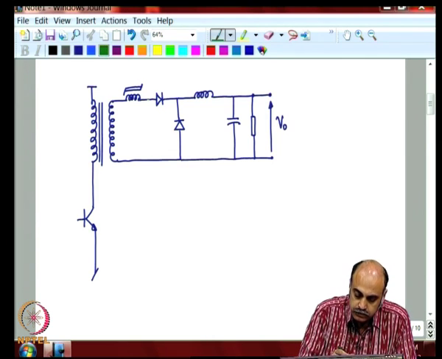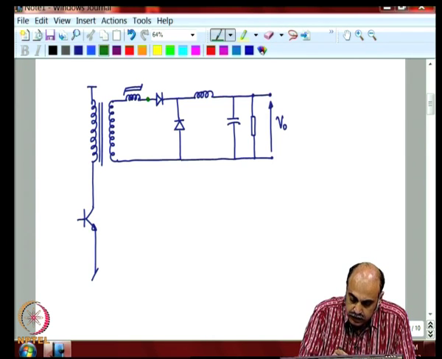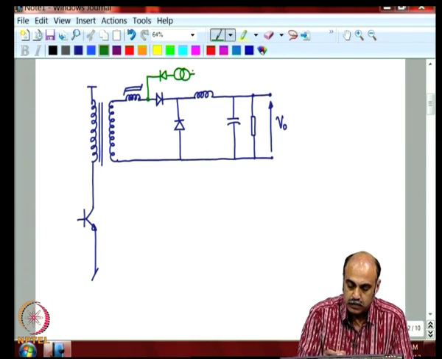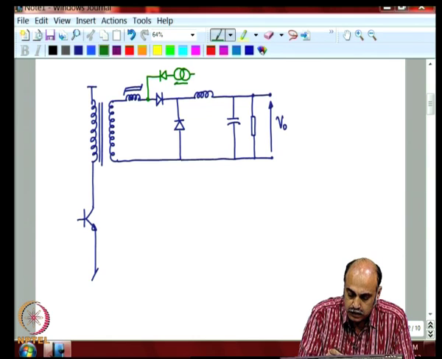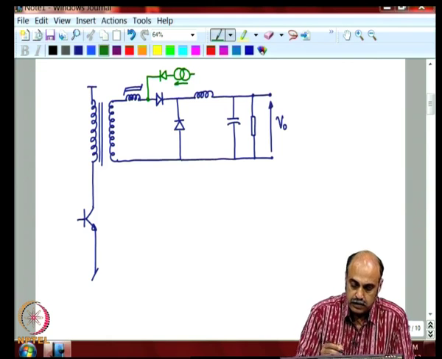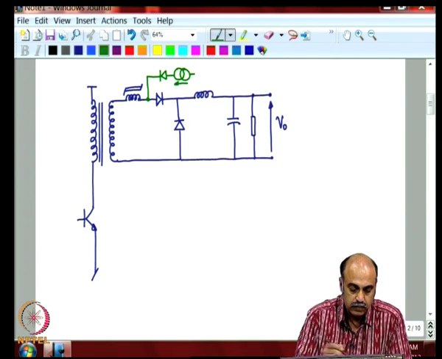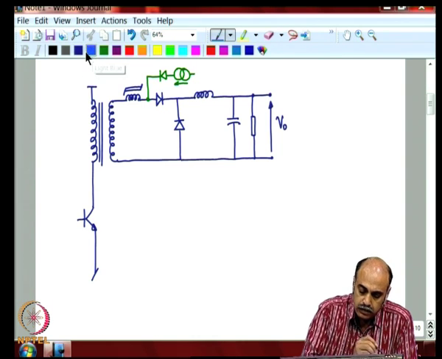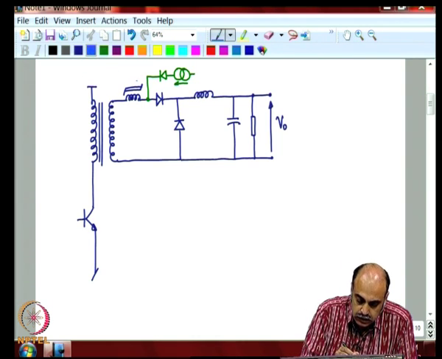Now, at this point we are trying to interpose a current source which is derived from the output and is going to direct current in this direction as shown. Now, let us look at this component, the saturable inductor component.